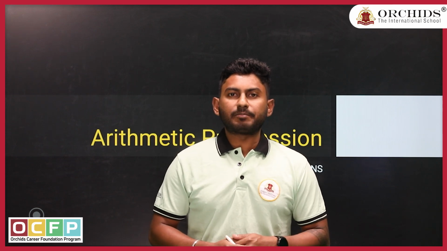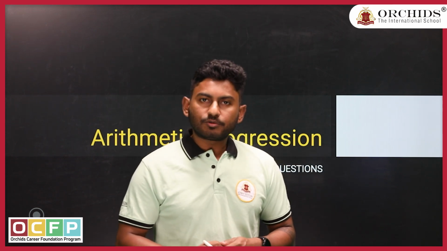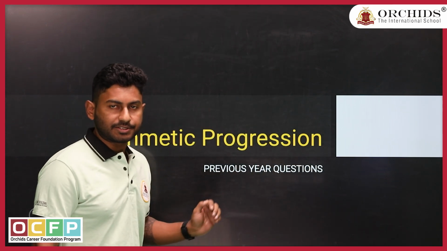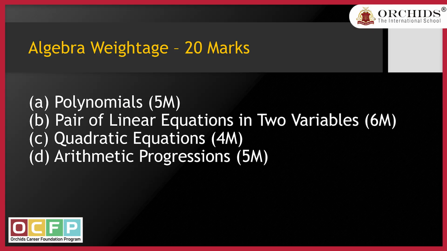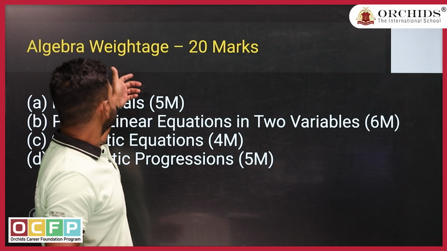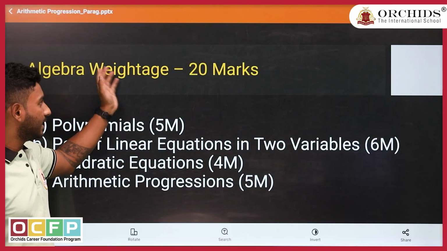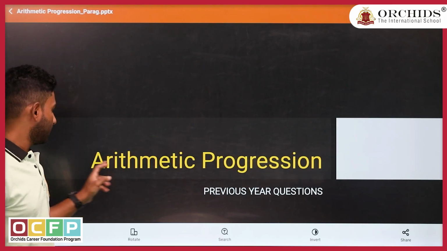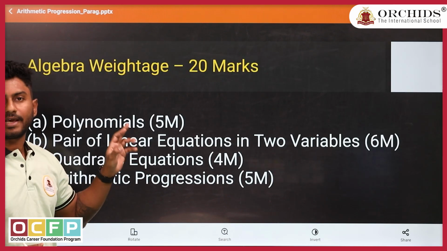So without wasting much of your time, let us start with today's topic, arithmetic progression. In grade 10, it comes under the topic algebra. You can see 20 marks are from algebra.